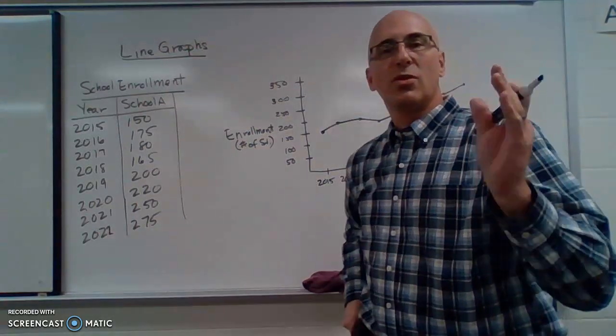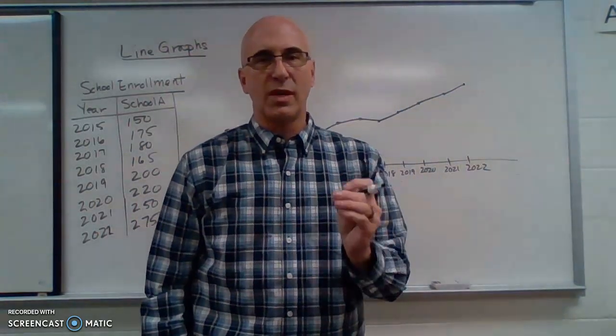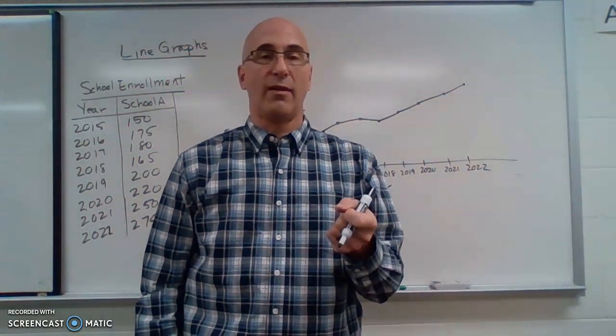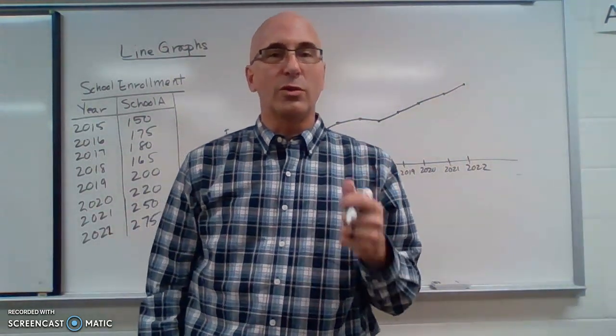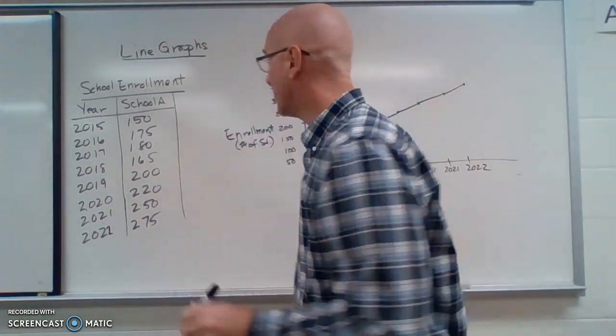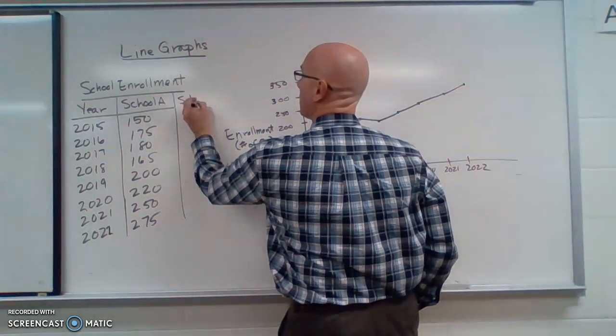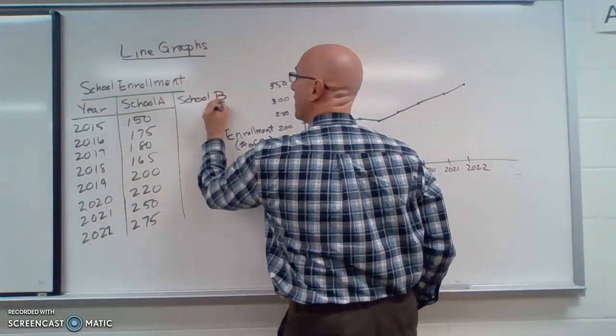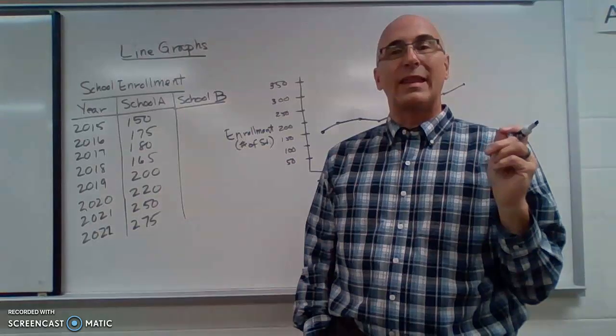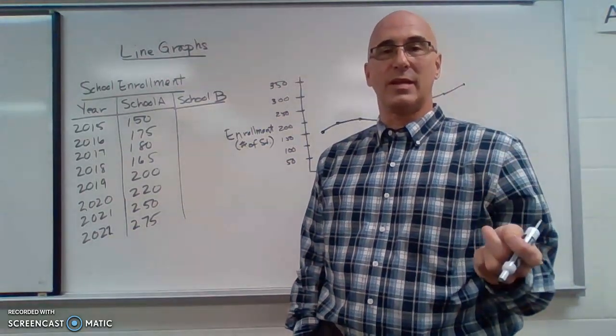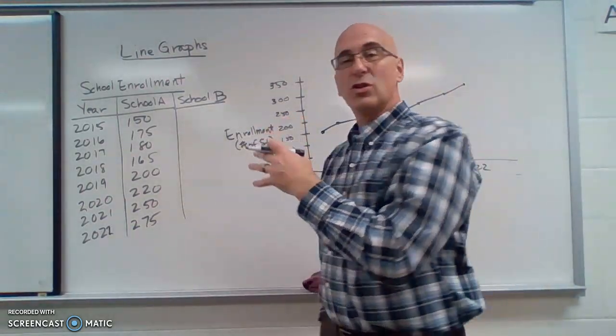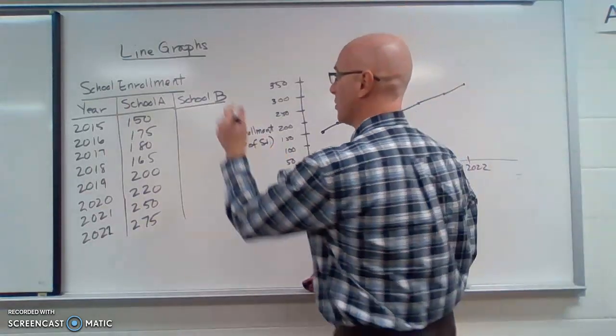Now, it is also possible to represent two sets of data on the same graph. What if we were also looking at a nearby school? Let's say school B. And we were going to also look at their enrollment data. So I'm going to make up some numbers here to show you.